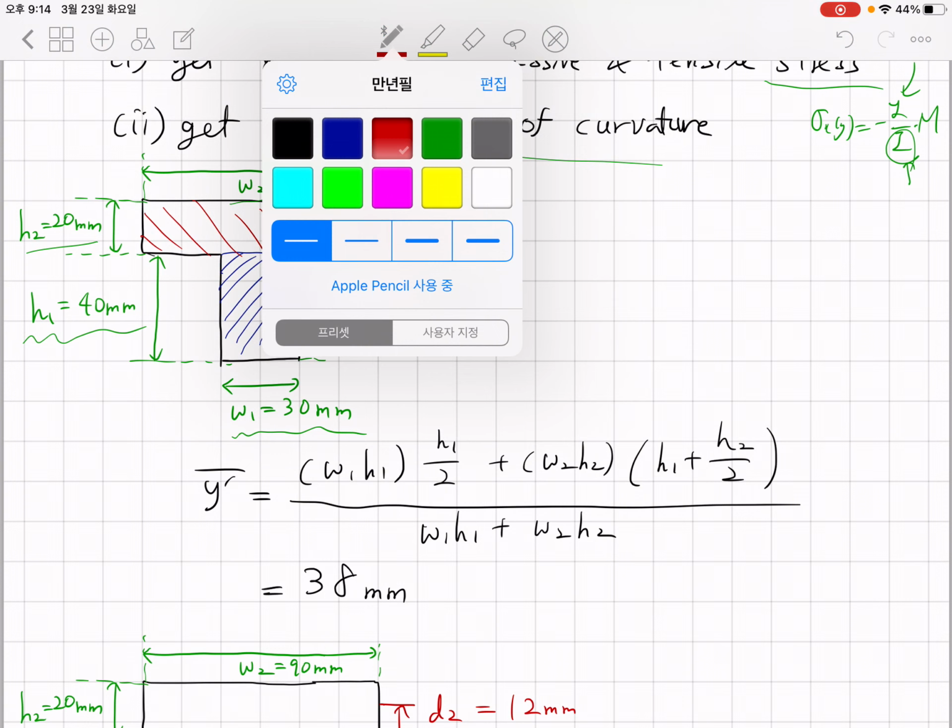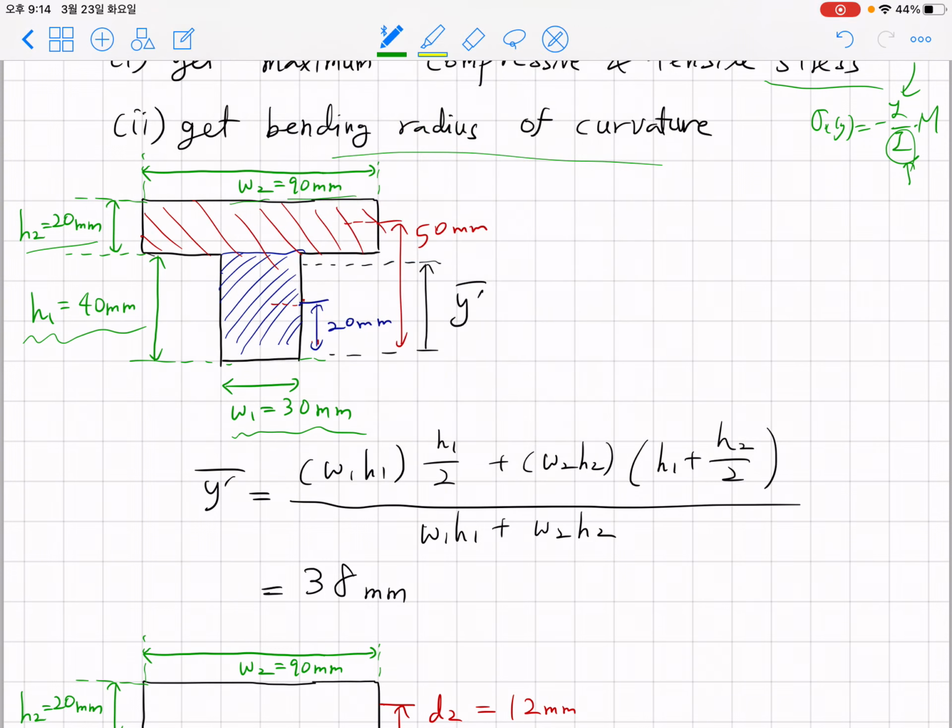Then after identifying this, we obtain the area for the blue one, and the height divided by 2 for the blue one, which is 20 millimeter, and we obtain the area for the red one, and its height, which is 50 millimeter. Obtaining W1 and H1 and W2 H2 is really easy. It's 1200 for the blue one.